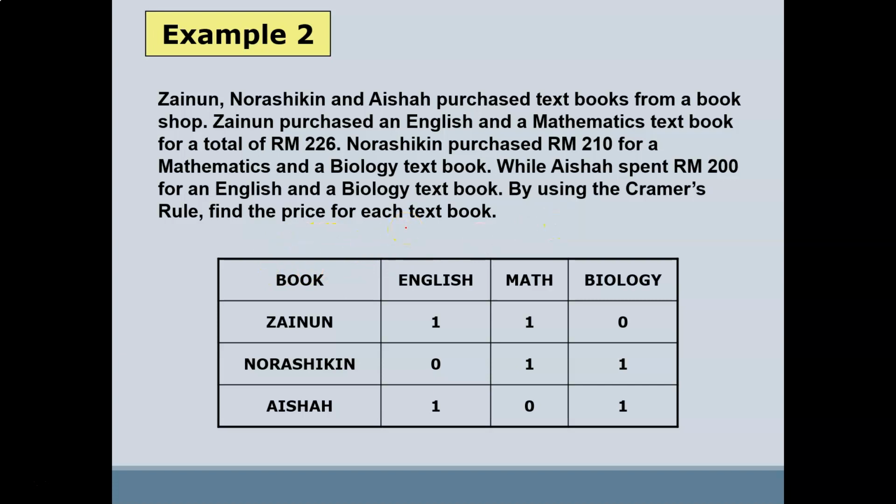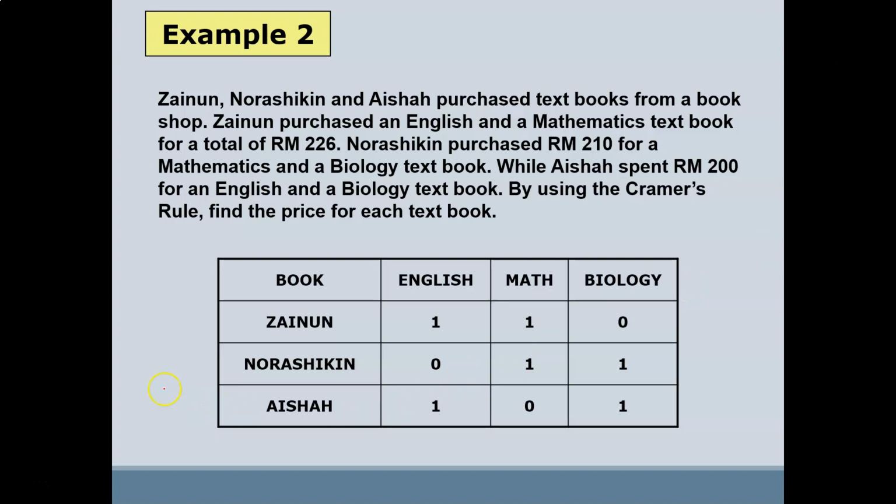Okay, so you can see here that what is given is the total price of the books, but we don't know exactly how much the English book, the maths book and the biology book each cost. Dia just bagi tahu total sahaja.